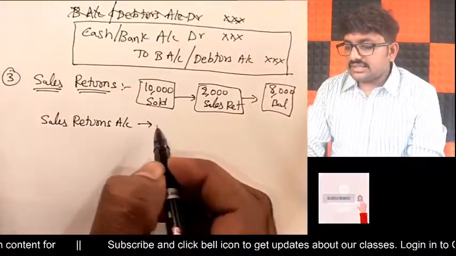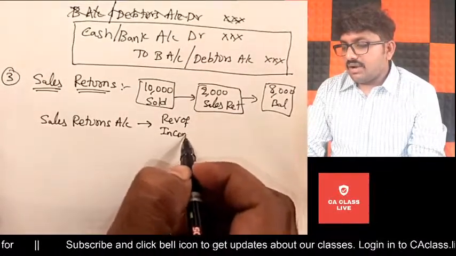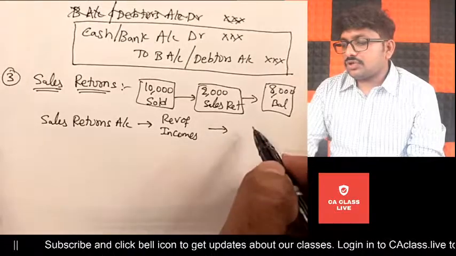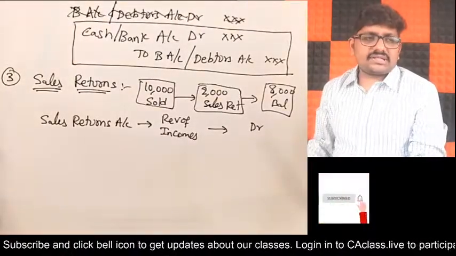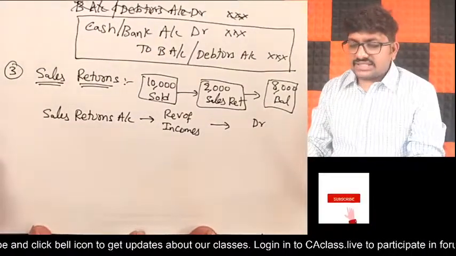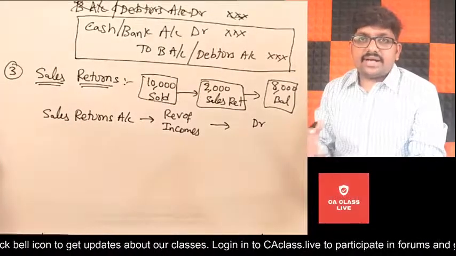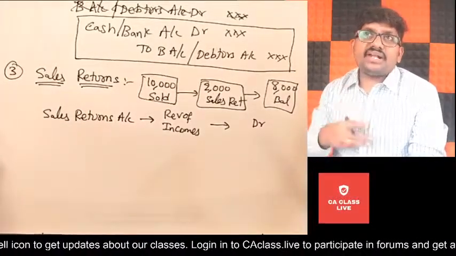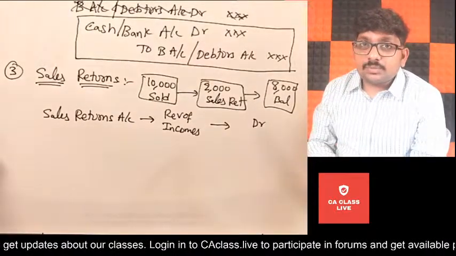Now sales returns account is a reverse of incomes. Amma, whenever reverse of incomes happens, what you should be doing? Debit. Already discussed at the beginning of today's class. Correct, ma? Please ensure that you are going through that. Next, what is happening over here? Till now you are saying debtor, he has to pay me 10,000, but he has given 2,000 rupees back to you. Now how much he has to pay you? 8,000.